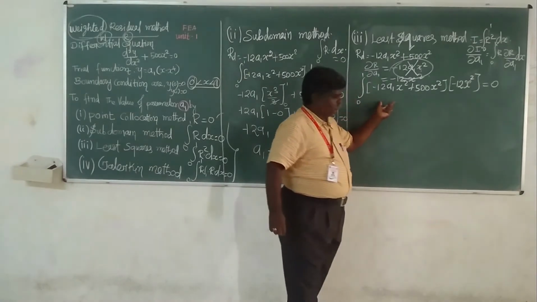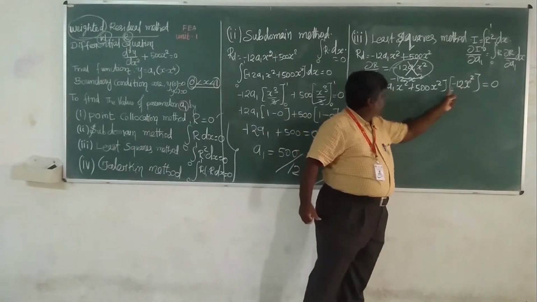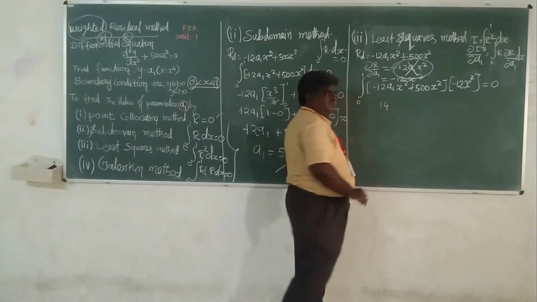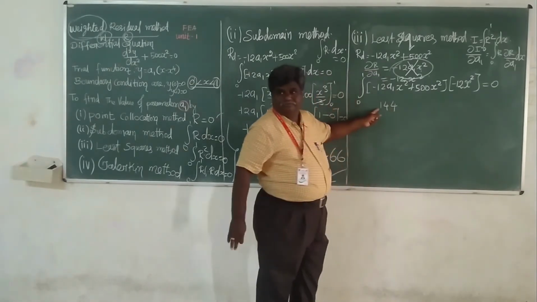By using your calculator, first multiply 12 into 12, that is 144. 144 a1 x power 4. Is 144 positive or negative? Positive.